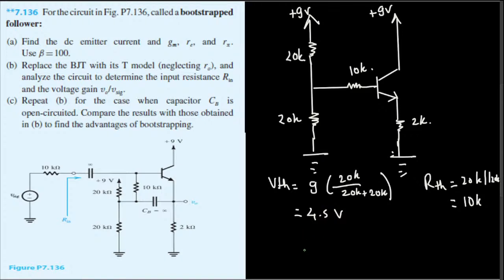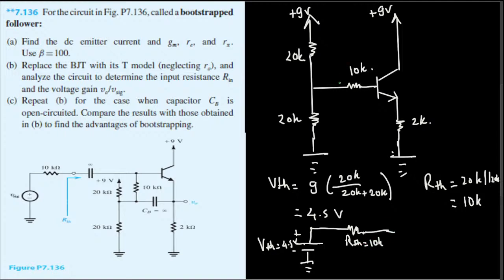The equivalent circuit is just going to look like this. We have the whole thing replaced with the voltage source right here, with minus and plus like this. This is V Thevenin, 4.5 volts, and here we have R Thevenin, that is 10k ohms.